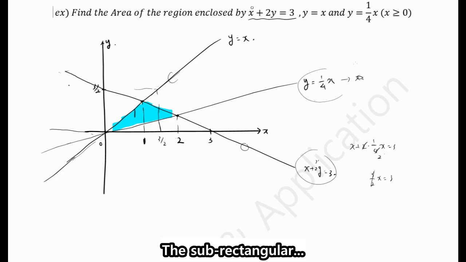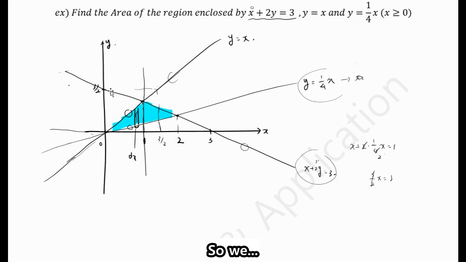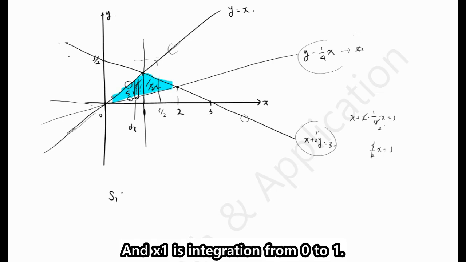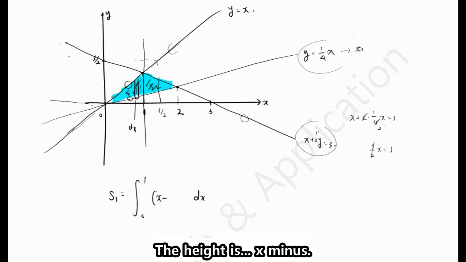Like a subrectangle, the base length is dx, and the height is different: from 0 to 1, the height is this line minus this line. So this is S1 and this is S2. S1 is the integration from 0 to 1. The base length is dx, the height is x minus this curve, 1 over 4x.